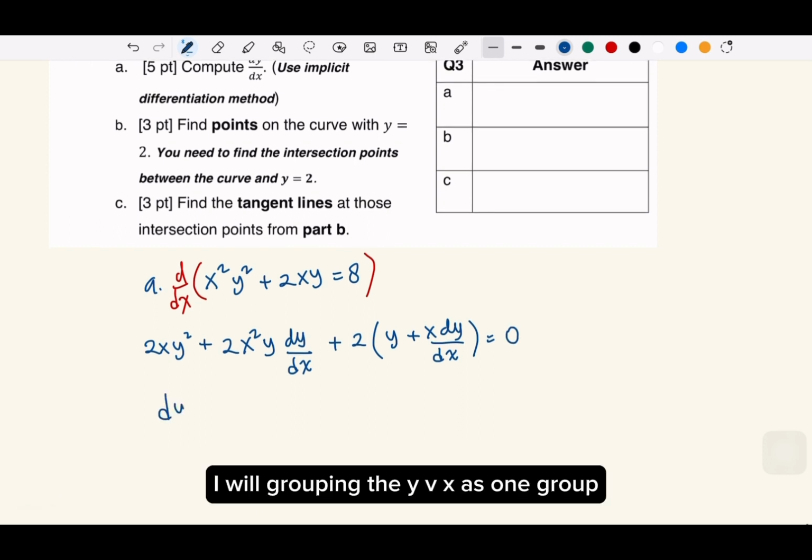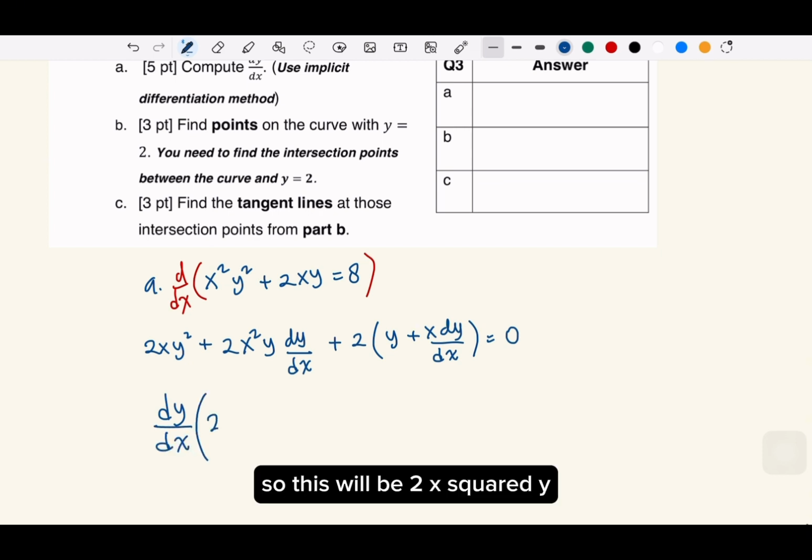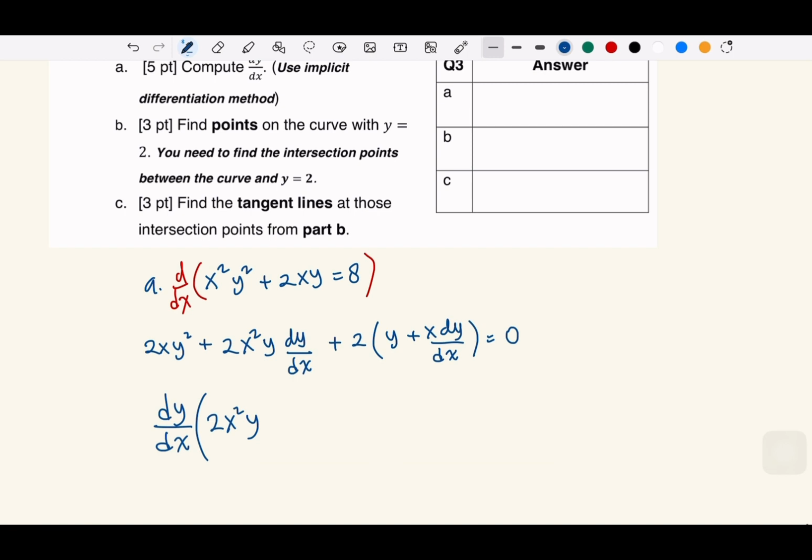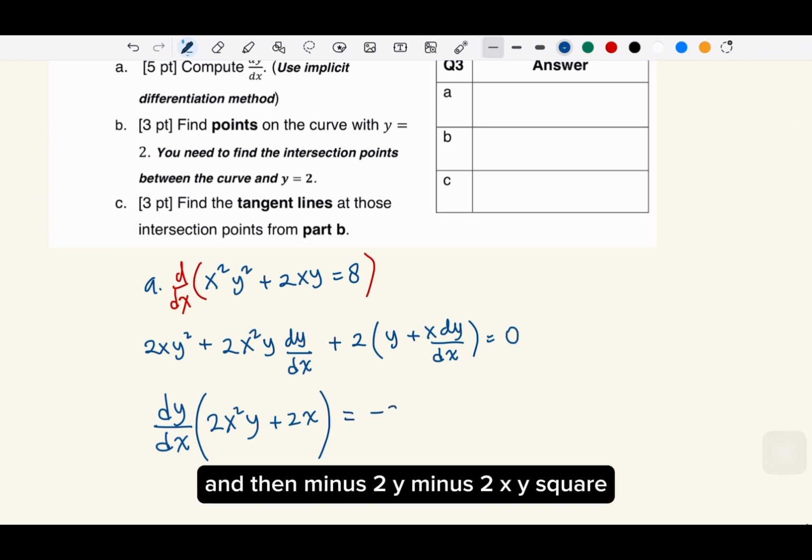I will group dy dx as one group. So this will be 2x squared y plus 2x, and then minus 2y minus 2xy squared.